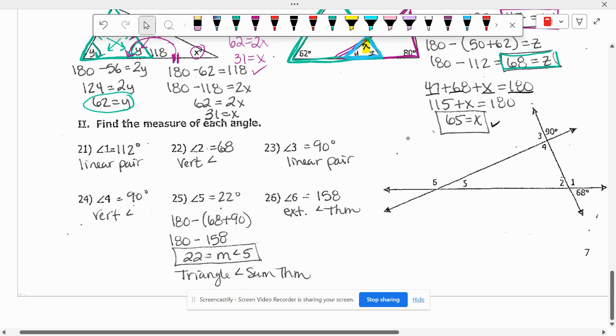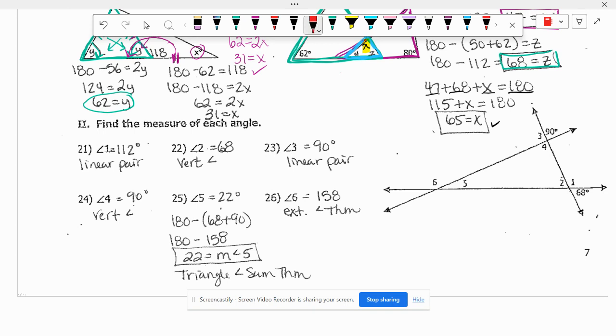All right, so this last question, we have to identify the measure. We're solving for the measure of each angle, and I am telling you why they are that, like what theorem or what rule or what type of angle makes this happen. So we know that this angle right here is 90. Well, if this angle is 90, then the measure of angle 4 is also 90 because they're vertical angles.